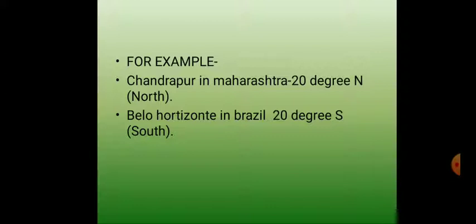Now the question comes to our mind: if both places are located on 20 degrees, then how will we find the location? For that we need to mark the north or south direction on the globe.